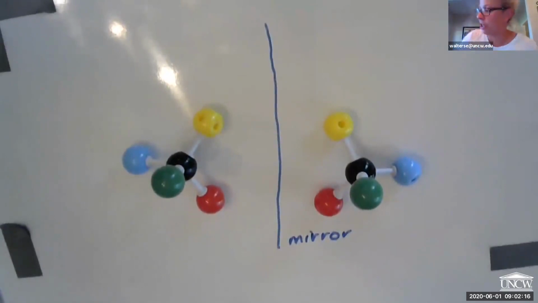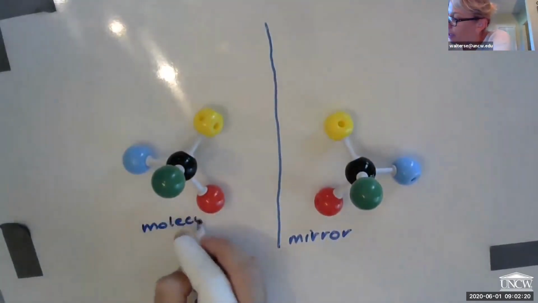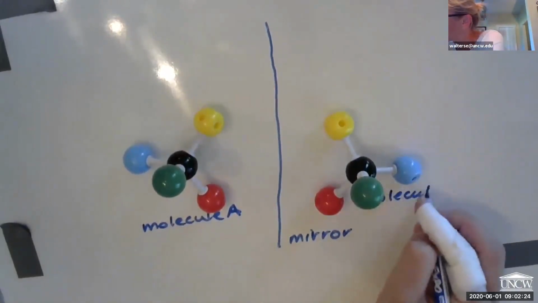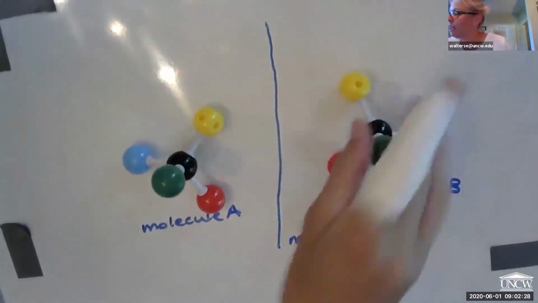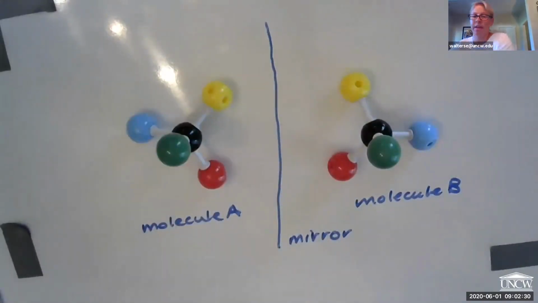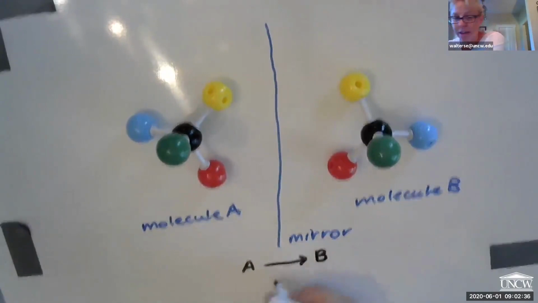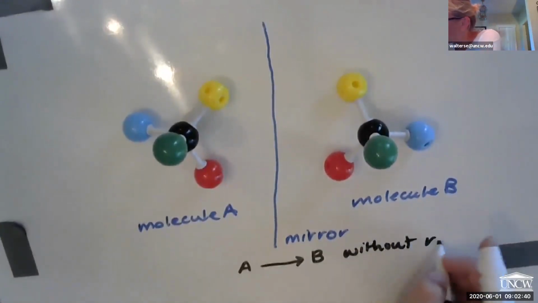Okay, so this is going to be molecule A. This is going to be molecule B. So you can't take A to B without a reaction.